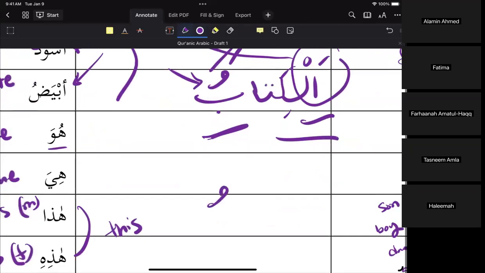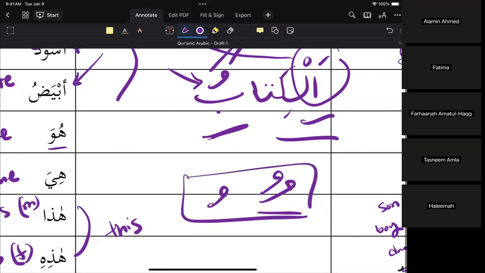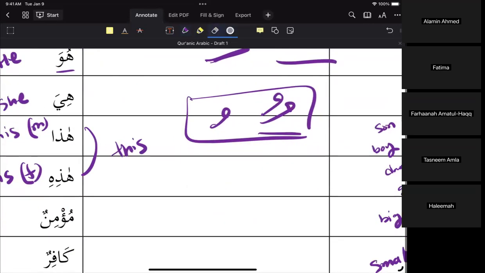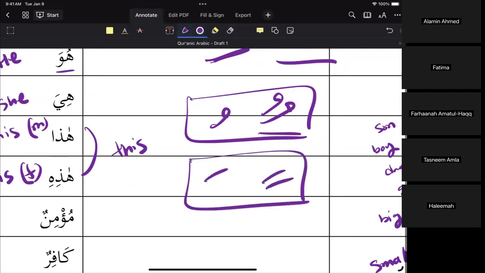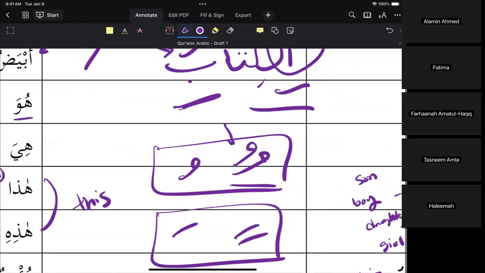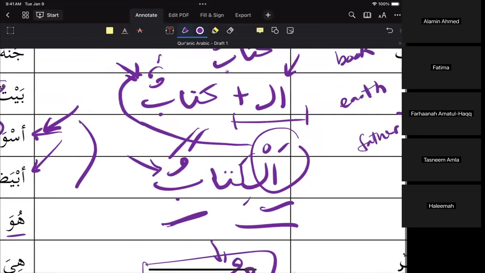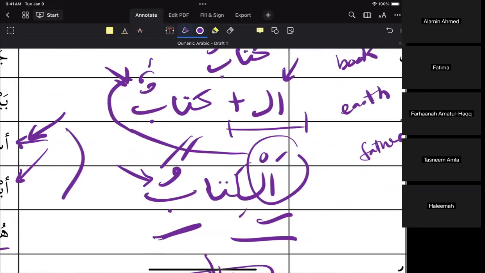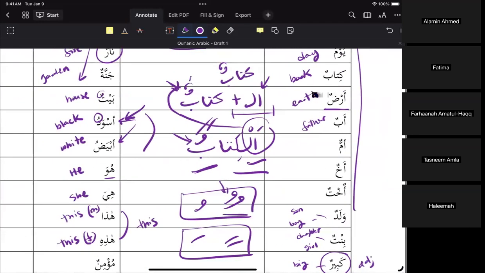Whether you say dhamma or dhammatain, both are the same haraka, dhamma. Whether you say fatha or fathatain, both are fatha. It's the same haraka, you're just removing the tanween. So you say kitabun, and you say al-kitabu. Very important thing to remember.